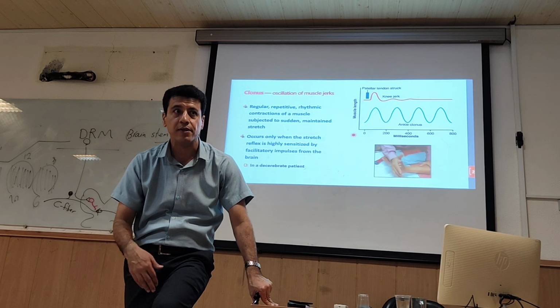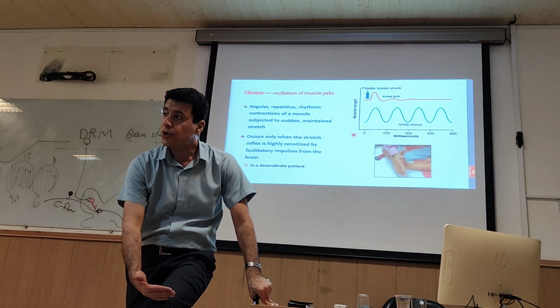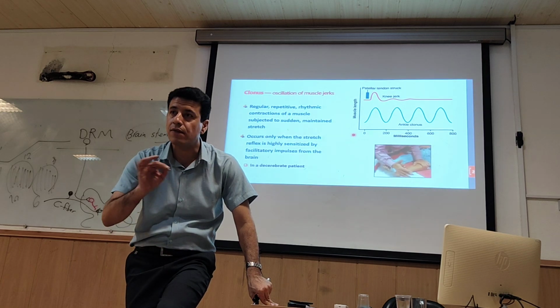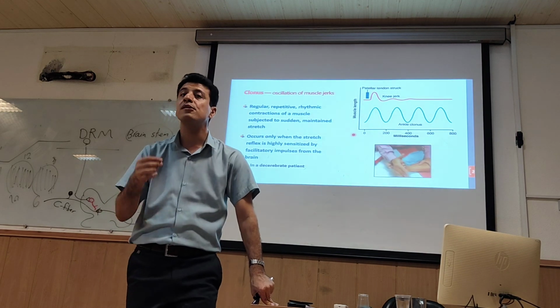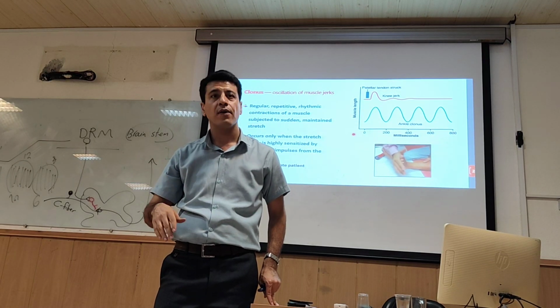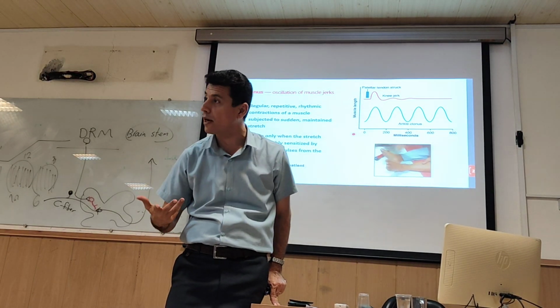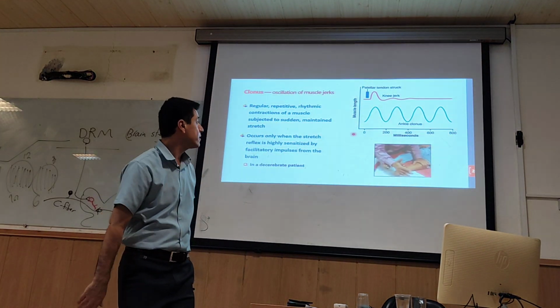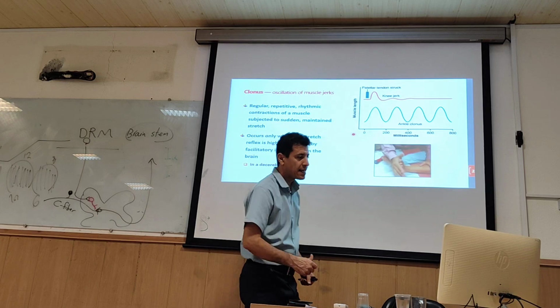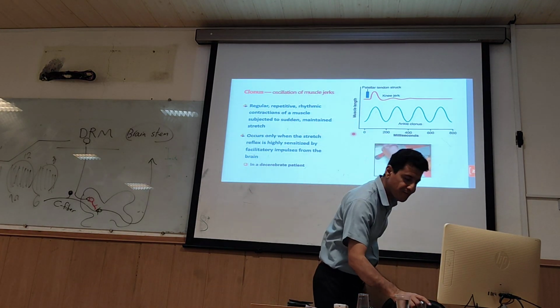But in clonus, you keep the muscle stretched. The answer is repetitive contraction. This happens only when the descending pathways are hyperactive and the reflex pathway is sensitized. So clonus is rhythmic contraction. It happens in patients with upper motor neuron lesions.